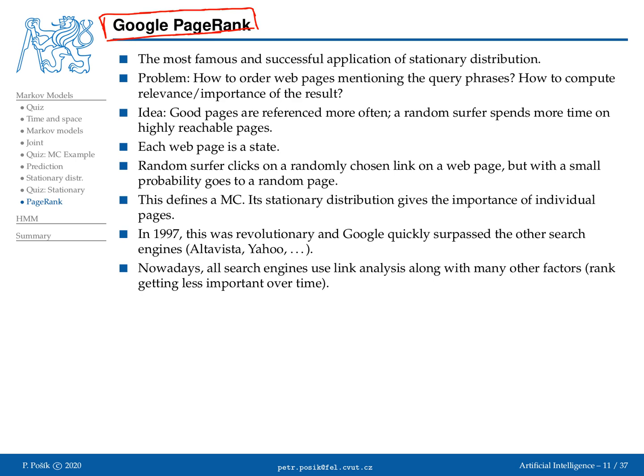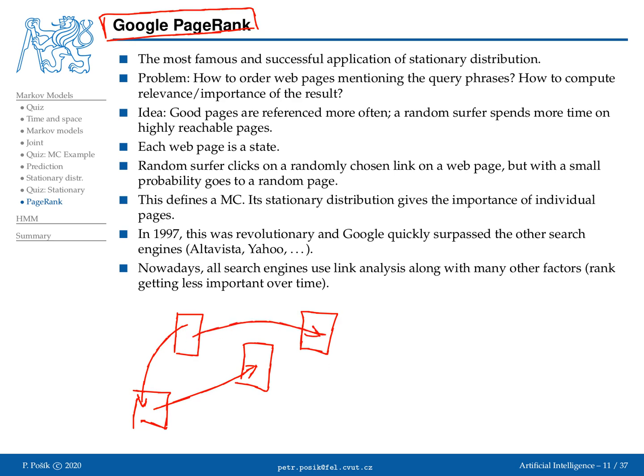Basically, the Google PageRank algorithm is an application of a Markov chain, where you have a set of web pages which are connected with hyperlinks. One can lead to another, etc. And the PageRank estimates the importance of individual pages.